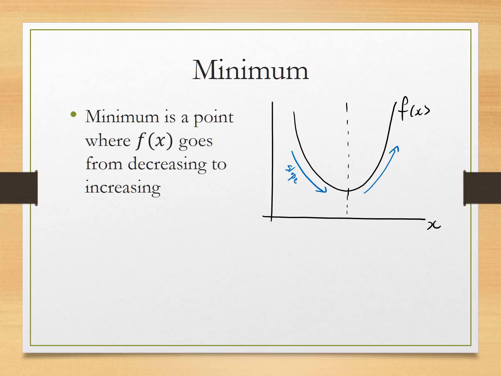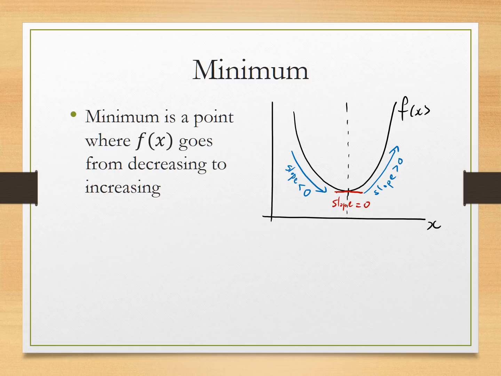That means the slope is smaller than 0 on the left-hand side, and the slope is larger than 0 on the right-hand side. At the point of the minimum, the slope should be 0, because you're switching from a negative slope to a positive slope.